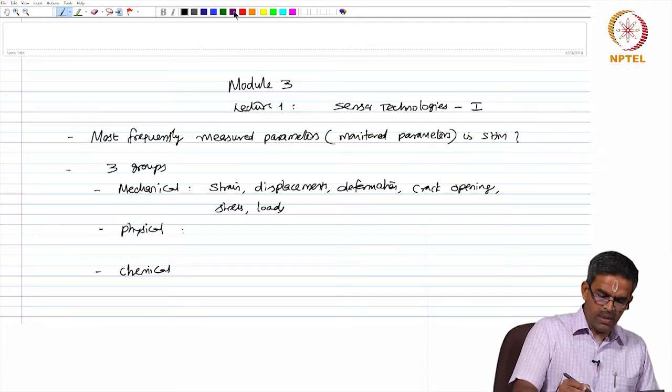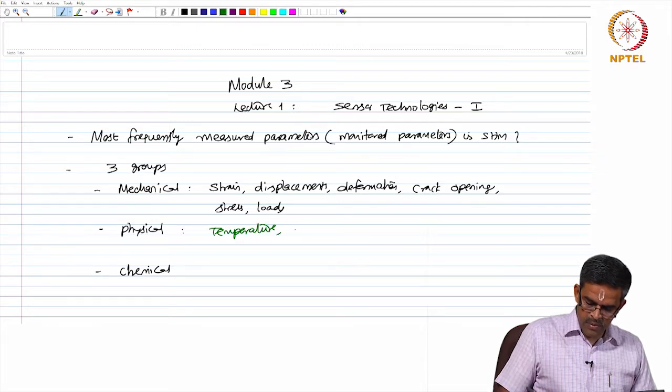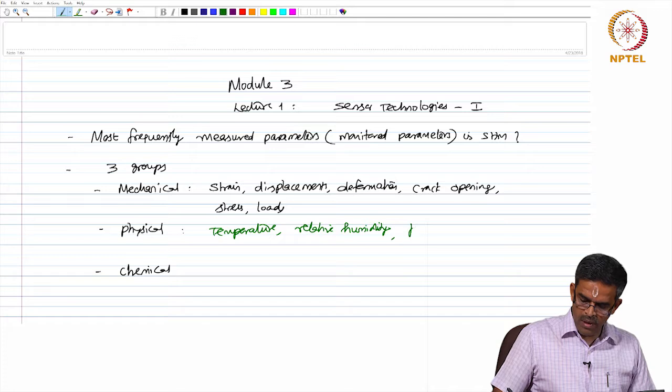Under physical parameters, we measure temperature, relative humidity, and pore pressure.